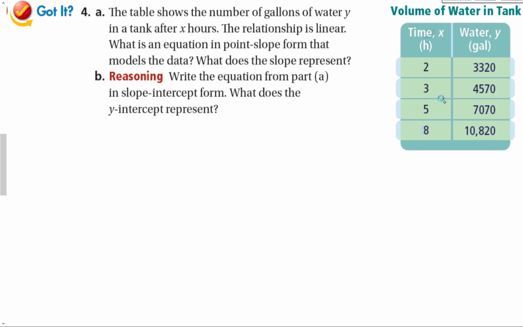So my answer, best to use the easiest points, these two. So we're going to first find the slope, which would be 4570 minus 3320 over 3 minus 2. Nice. Right. Subtract, and we get 1250 over 1. So it's 1250.